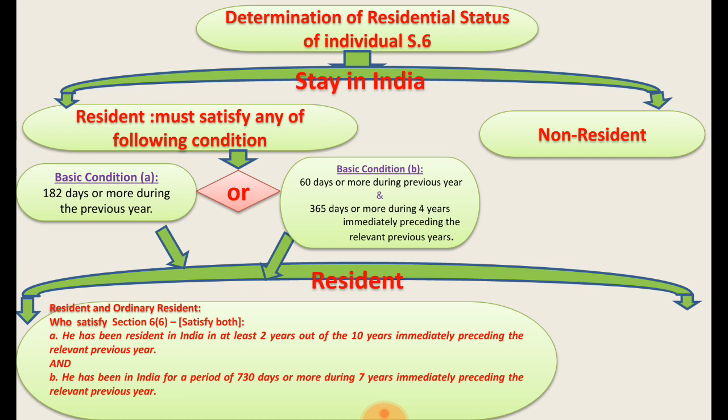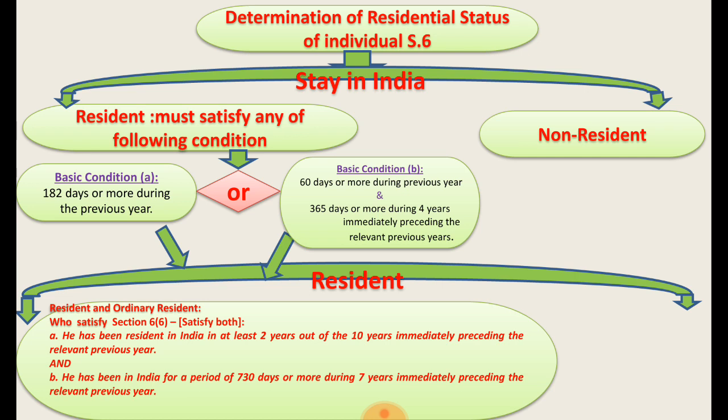Whether an individual is a resident and ordinary resident is decided by section 6 clause 6, because the first two conditions, basic condition 1 and basic condition 2, are provided by section 6 clause 1, how an individual is decided as a resident. But when any person is found to be a resident, then section 6 clause 6 provides whether that person is a resident and ordinary resident, or a resident and non-ordinary resident.